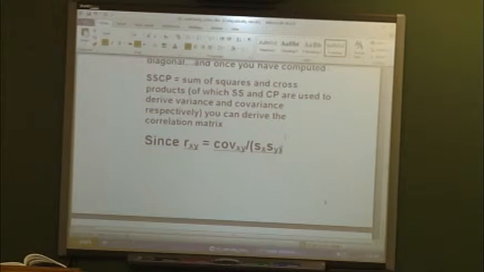When all is said and done, -1, 0, 1 will result in 2. The sum of squares and cross products will be multiplied by 1 over 2, because what's our sample size? 3. And what's n minus 1? 2. Do you recall the denominator?